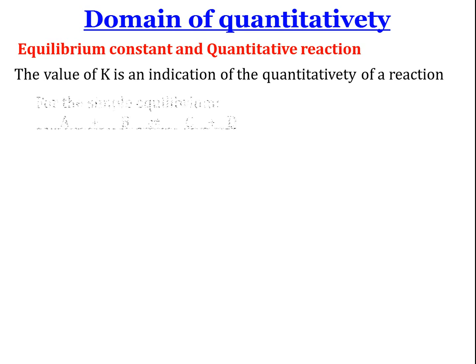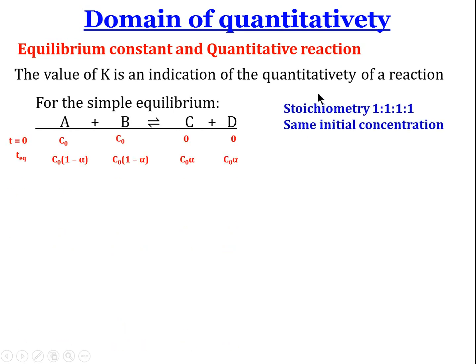I will consider an example, a reaction A plus B that gives C plus D. So this is a reaction of stoichiometry 1, 1, 1, 1, and I will start with the same initial concentration C0. Please remember this condition.